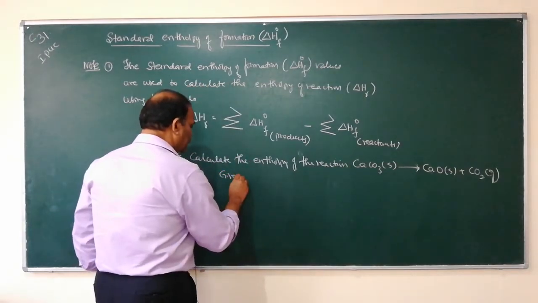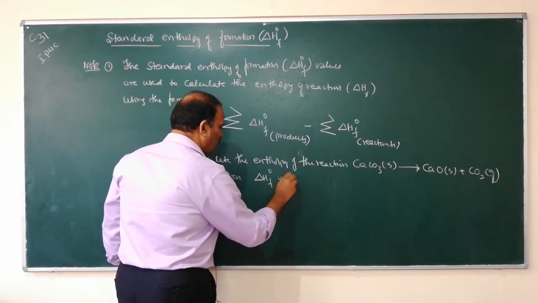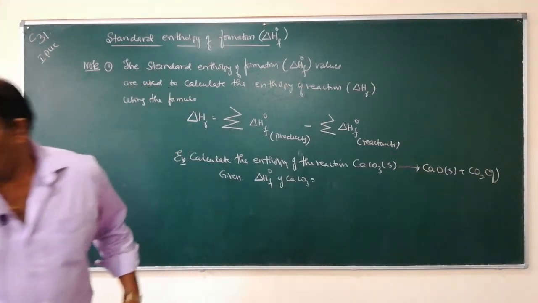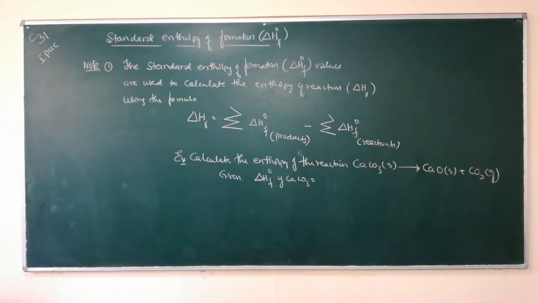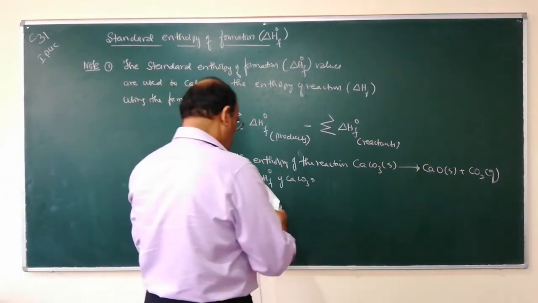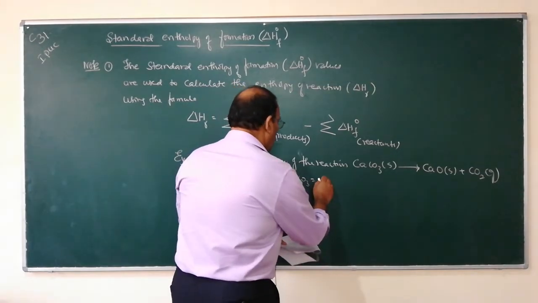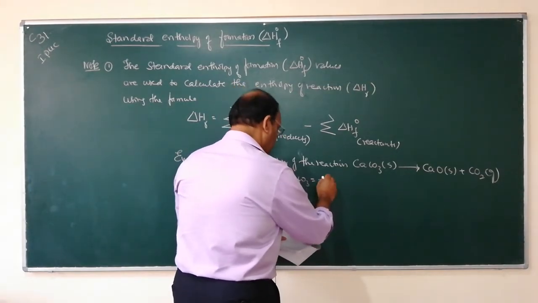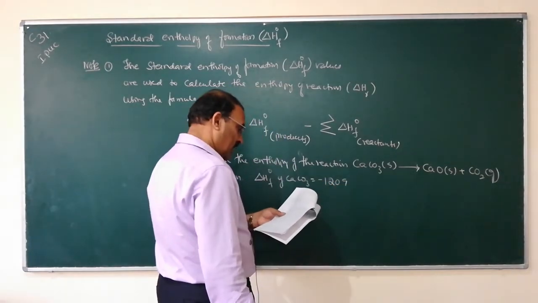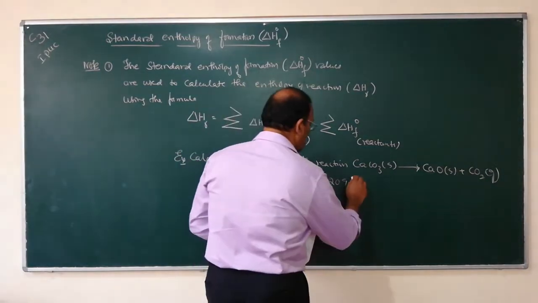Given delta HF naught of CaCO3 equals minus 1209 kilojoules.